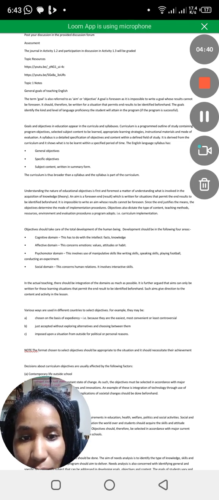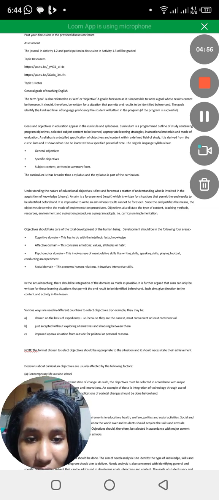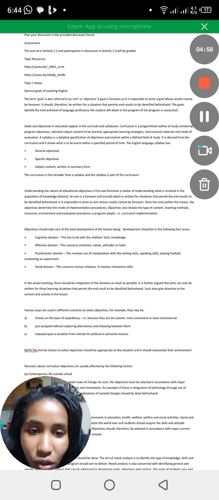Since the end justifies the means, the objectives determine the mode of implementation procedures. Objectives also dictate the types of content, teaching methods, resources, environment, and procedures a program adopts, for example, in curriculum implementation.